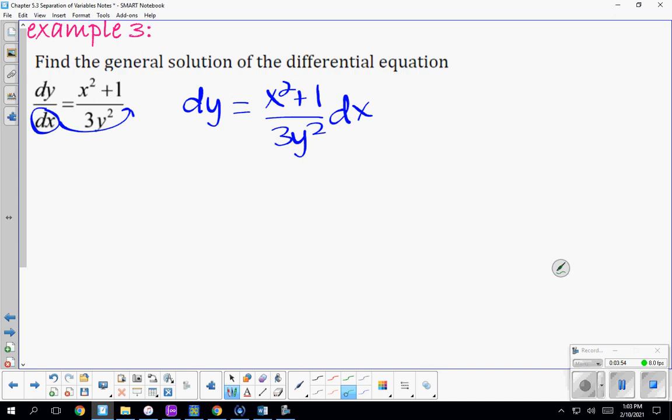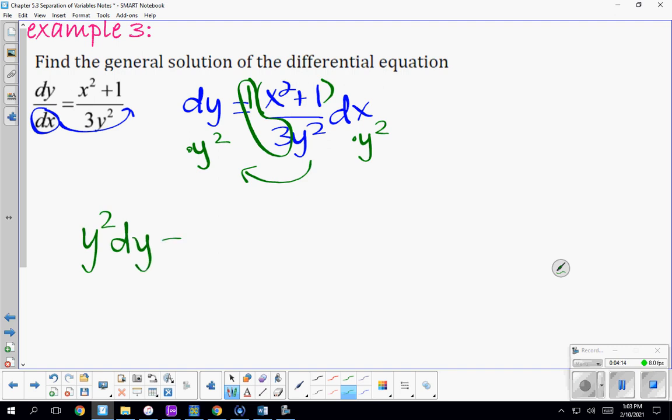I'm going to assume there's a 1 in front, so I really have a coefficient of 1/3, and I'm going to leave that where it is. The only thing I'm going to move to the other side is that y squared. We multiply both sides by y squared, so that we get y squared times dy equals that coefficient of 1/3 times x squared plus 1 times dx.